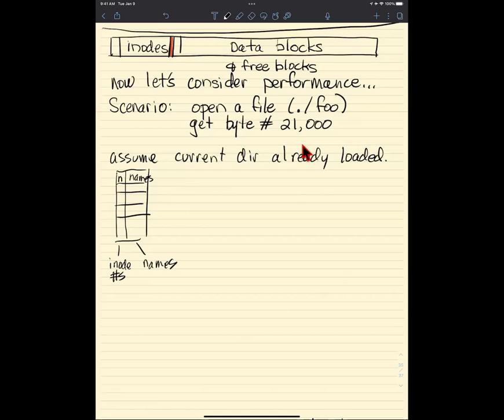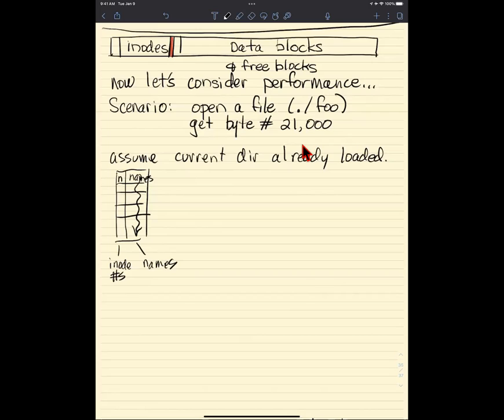Okay, so step 1 is search through all of the names that are found in the directory. If the directory is large enough, it will span multiple data blocks. So yes, you might have to do some IO in order to find the inode number of the file you're interested in, in this case, foo.